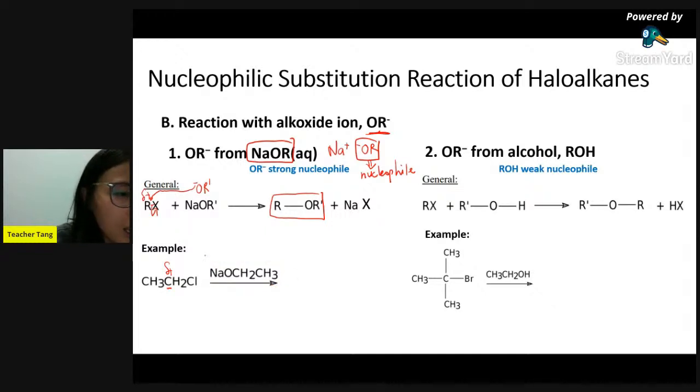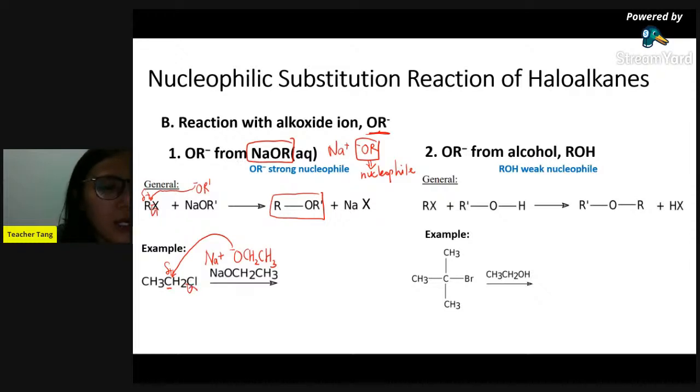Here we have the sodium ion and also the alkoxide ion. This alkoxide ion is the nucleophile. So this nucleophile at the oxygen will attack the carbon that is partially positive charged and kick out the chlorine.